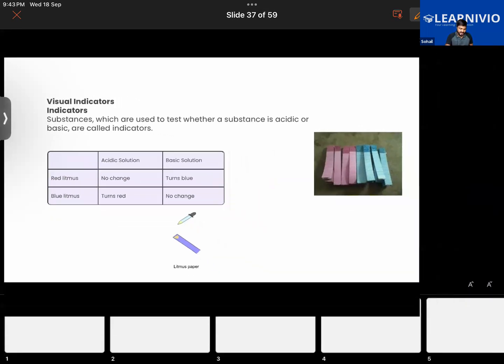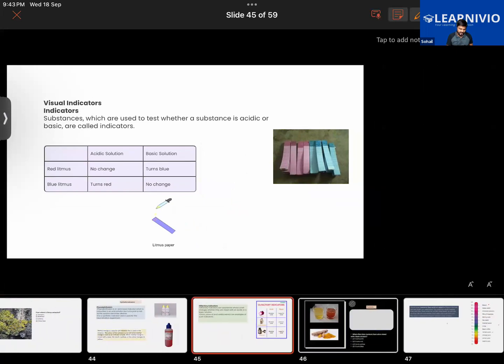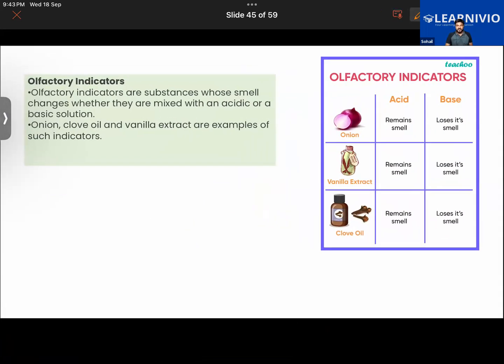Another type of indicators are called olfactory indicators. There we have the examples of onion, vanilla extract, and clove oil. In acids, they retain their smell, but in bases, they lose their smell.